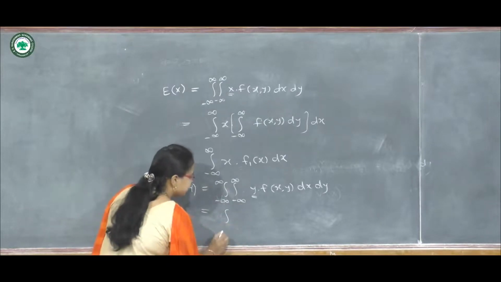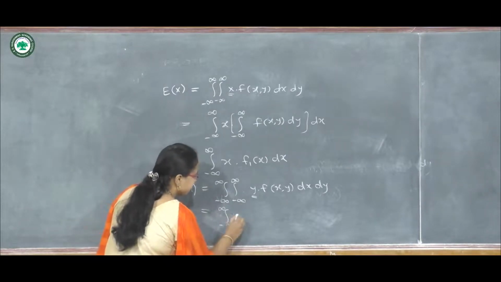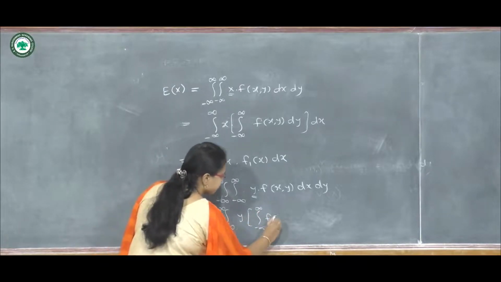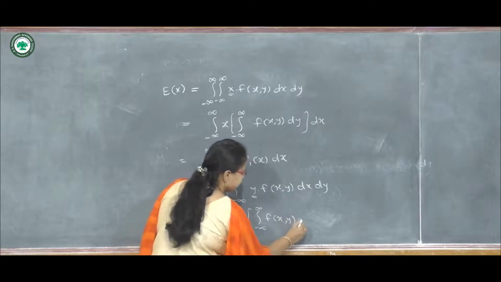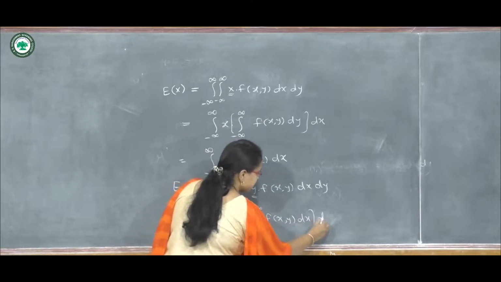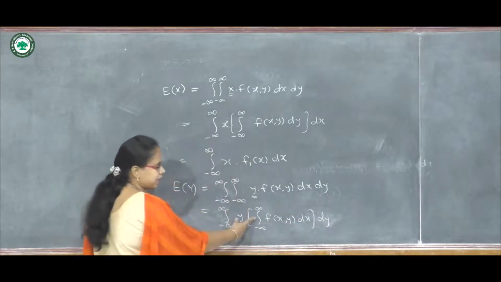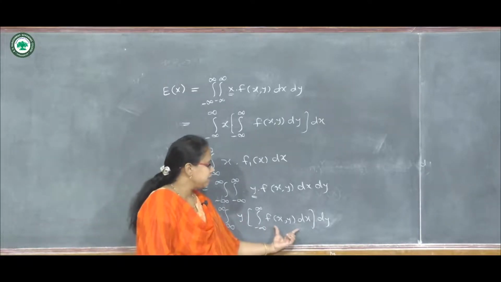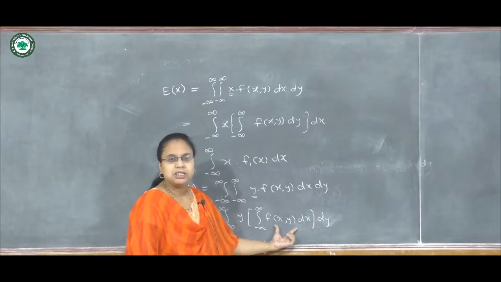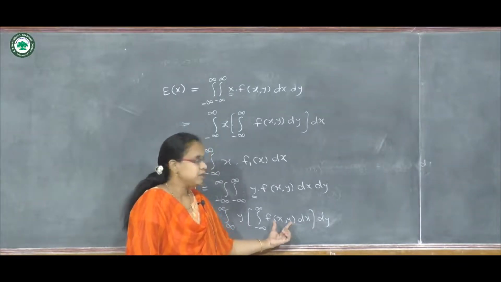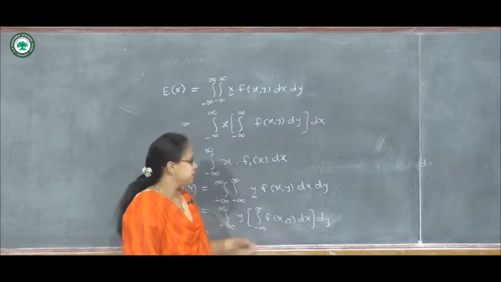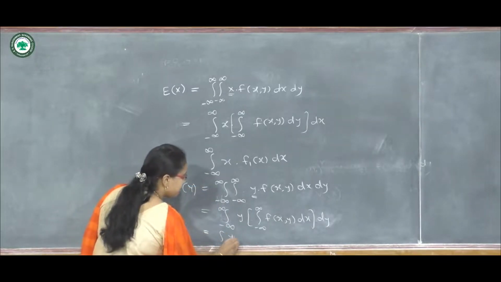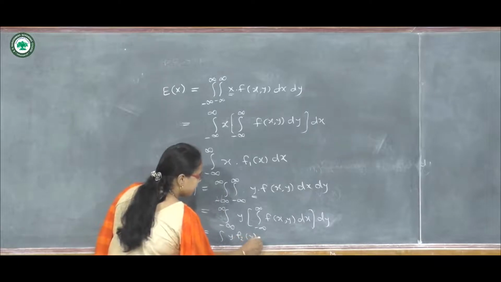So this is the integration for x. Similarly we can say that in the bracket this is the marginal distribution of y. So this is f2 of y. So I can substitute f2 of y there. So integration y f2 of y dy.